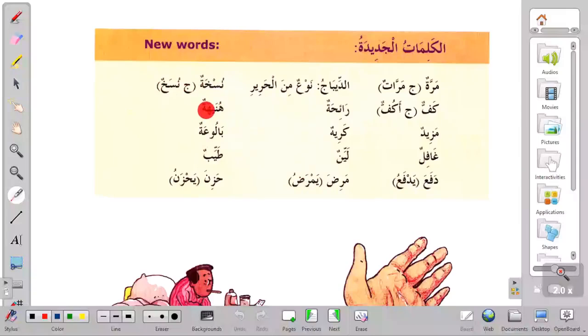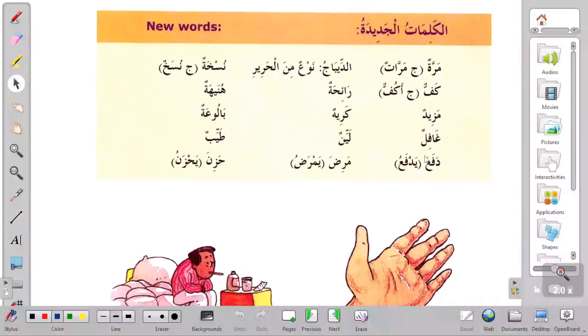Hunayhatun means a short time, waqtun qalil, waqtun yasir, and as we said in the previous lesson, it is ism tasghir, from hinwan. Then we have balla'a, the sink in the washroom. Tayyibun means nice. Hazina, yahzanu, means to be sad.